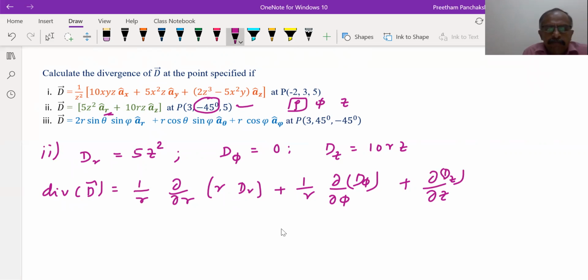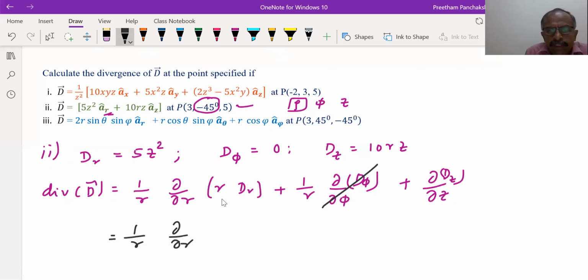This is the formula to find the divergence of D in cylindrical coordinate system. In this case, the phi component is 0, so the complete differentiation of the second term is 0. If we continue, the term 1 by R is outside the differentiation, so don't change it.